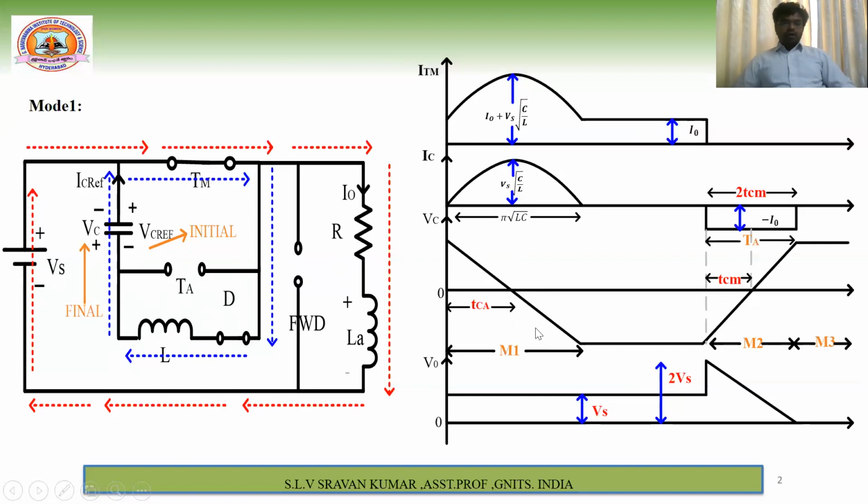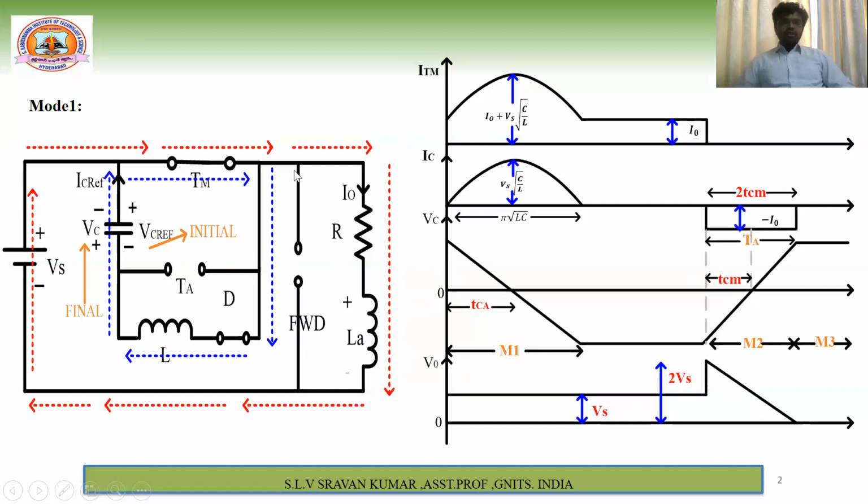For the inductor as well as the capacitor, the relation between voltage and current is a 90 degree phase shift. When the current is 0 we have maximum voltage, and when the current is maximum the voltage is 0. Here the voltage is Vs, but with reverse polarity.